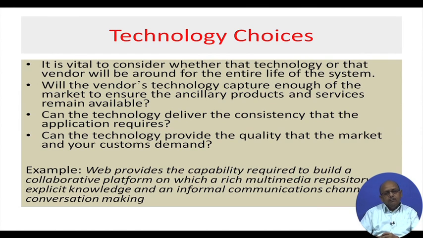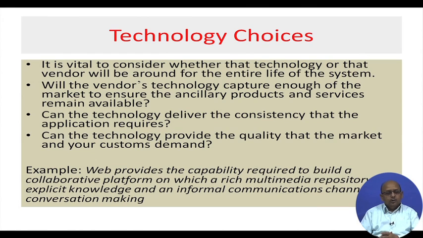Then if you are going to buy it, this technology has to be very robust, okay, and you need to see what kind of products and services are associated with this particular technology, and whether it is going to provide relevant information consistently, whether the information is going to be valid in the particular context, okay.